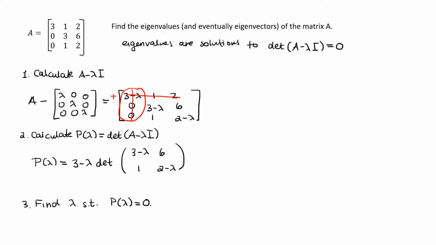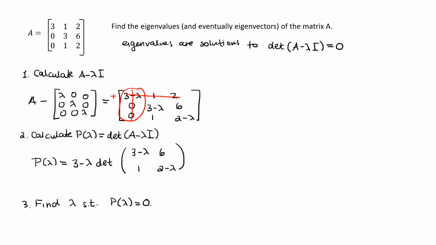Okay, and here I've made a mistake that I see all the time. I want to point out how difficult it is to read if we don't use parentheses here. If we have 3 minus lambda times this determinant, it's really hard to interpret what this means.